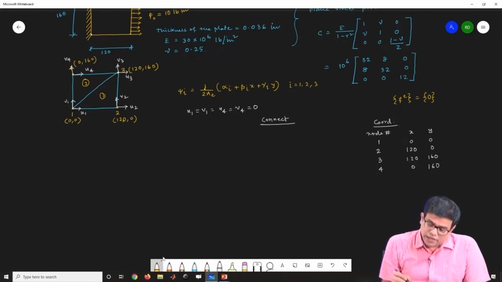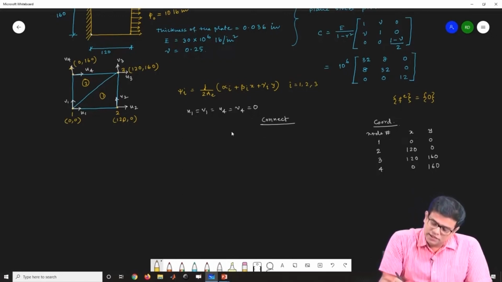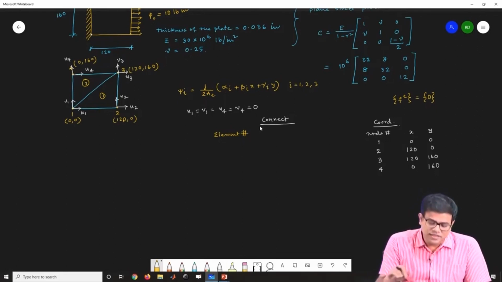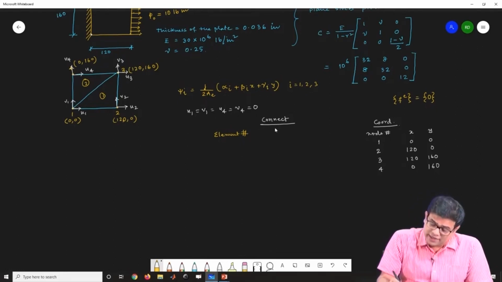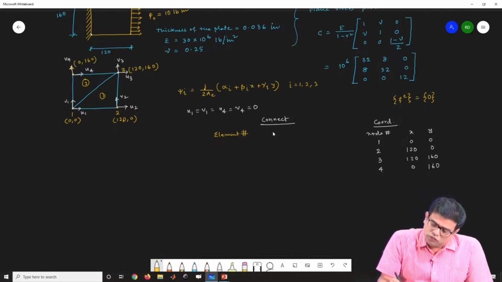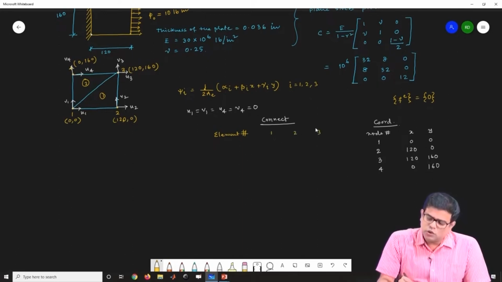For this discretization, instead of node number you will have the element number, then the local connectivity, how it is attached. Let us say it is a 3 node element, 1 2 3. So this is the connectivity matrix.